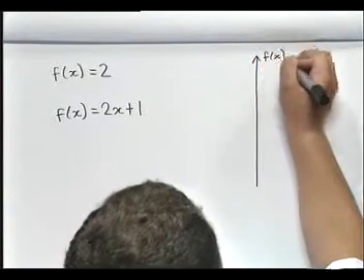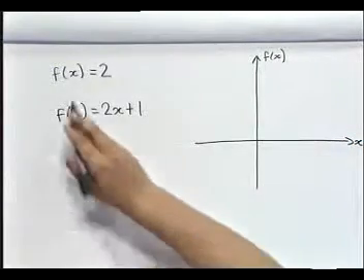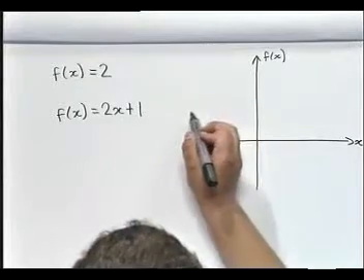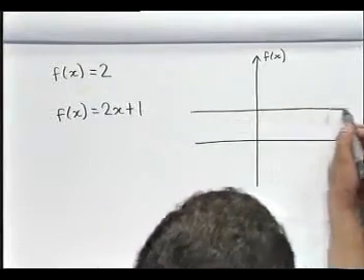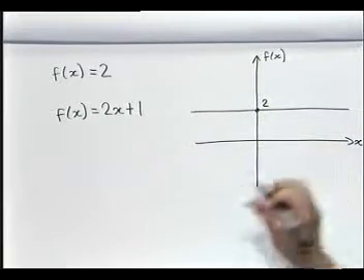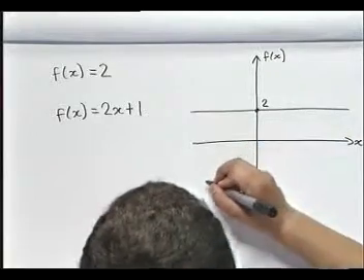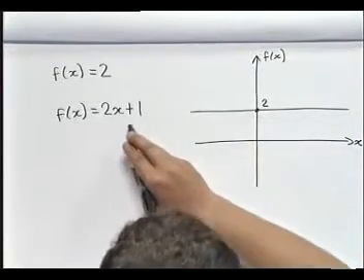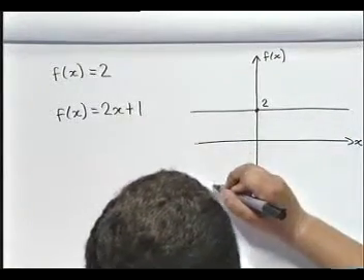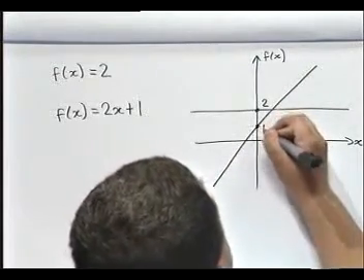So we've got f of x and x. And we know that f of x equals 2 is a horizontal line, which passes through 2 on the f of x axis. And f of x equals 2x plus 1 is a straight line with gradient 2, which passes through 1 on the f of x axis.